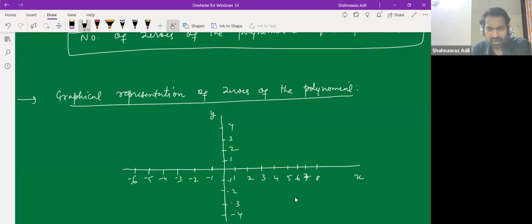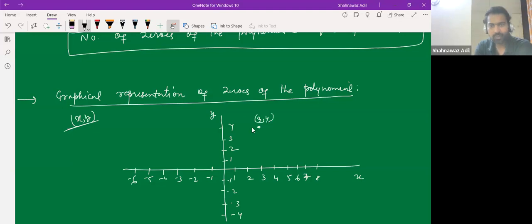If I want to locate a point on this plane, I represent the location as x comma y. This you already know. So let's say 3 comma 4: I go 3 units in the x direction and 4 units in the y direction. So this is 3 comma 4.